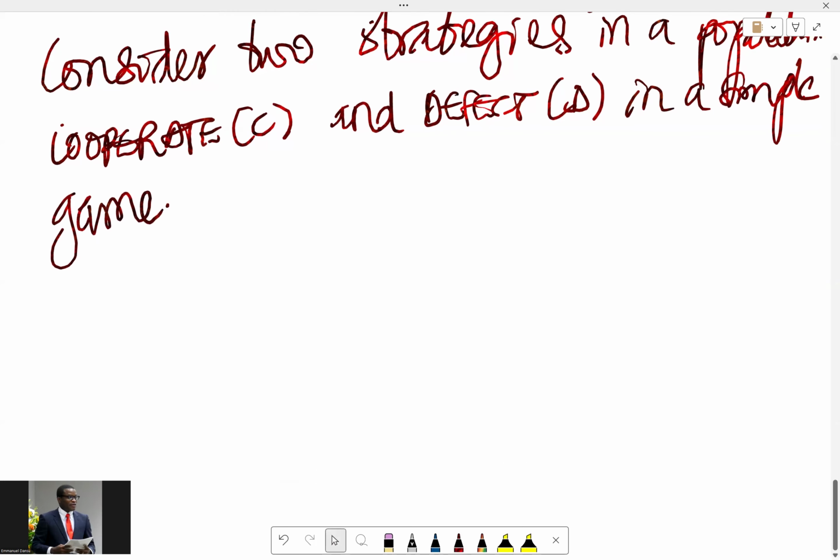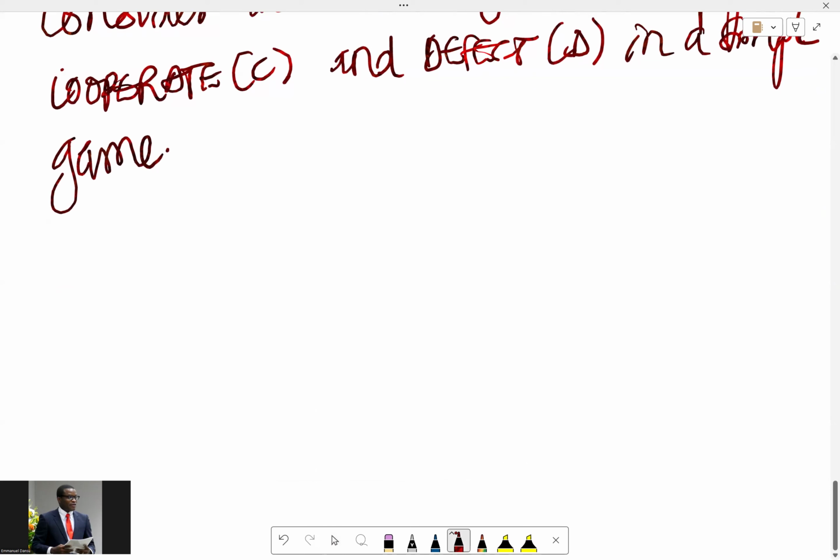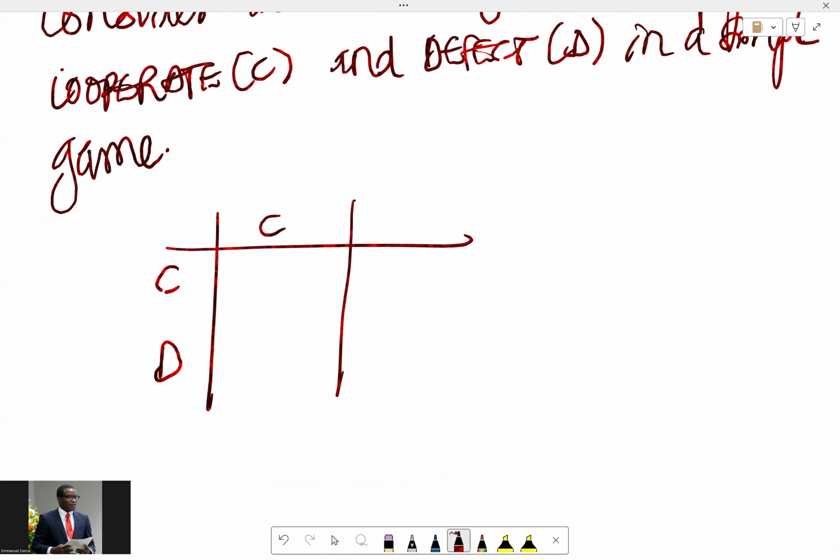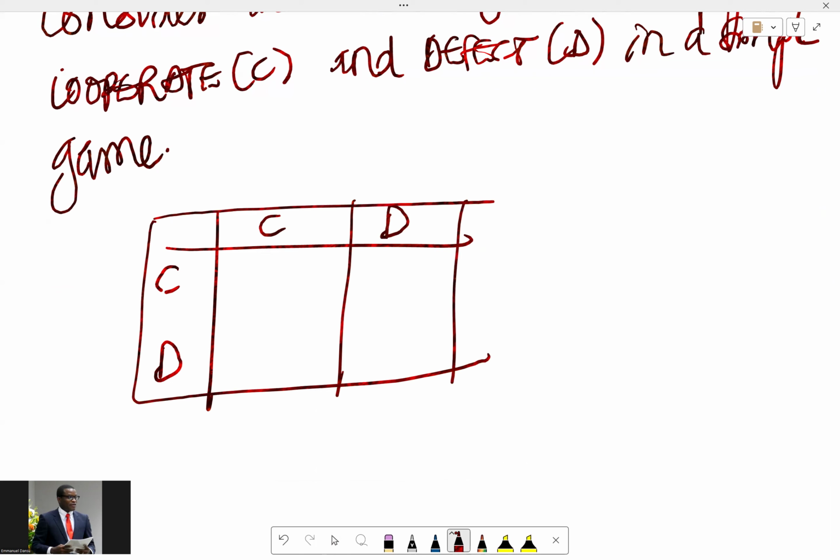Okay, so see that you have cooperate, defect. You also have cooperate, defect. Of course, this is player one, this is player two, and when they both cooperate, you have 3-3.